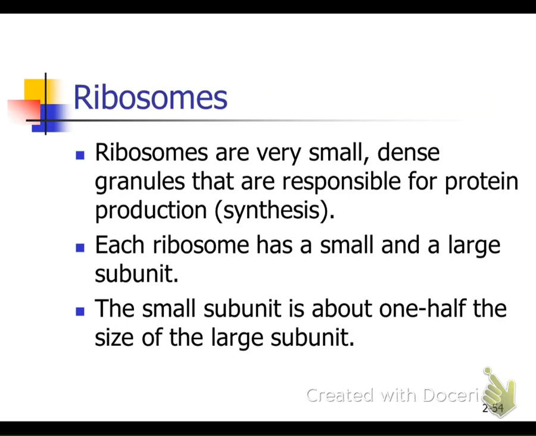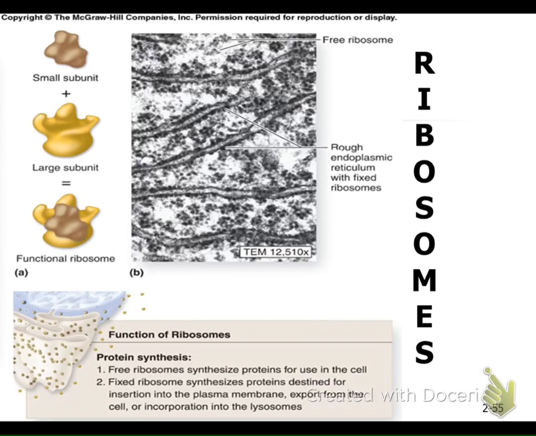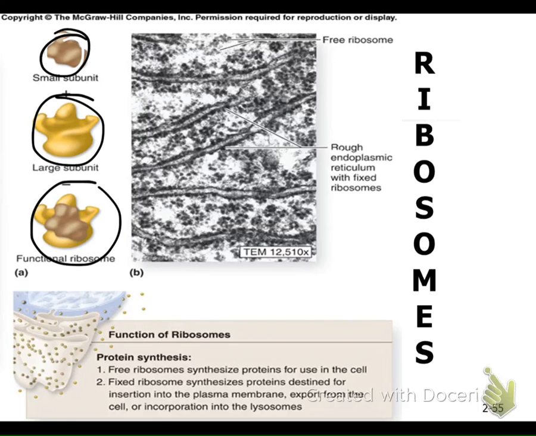Nothing fancy there. And they look like little tinker toys. On the left-hand side is a cartoon representation of those two subunits, the smaller and the larger, nothing fancy. So the small and the large subunit, together they make the functional ribosome.